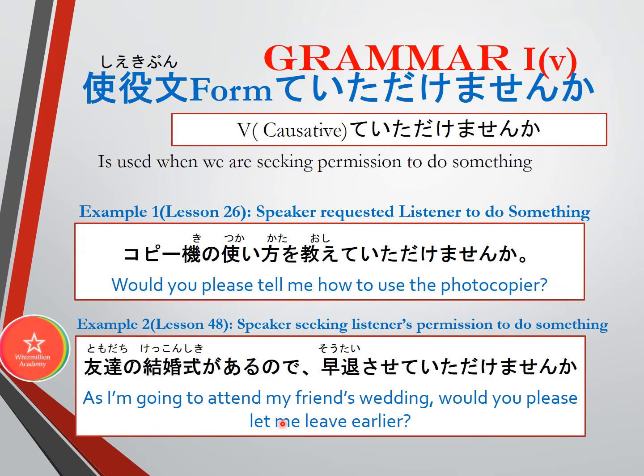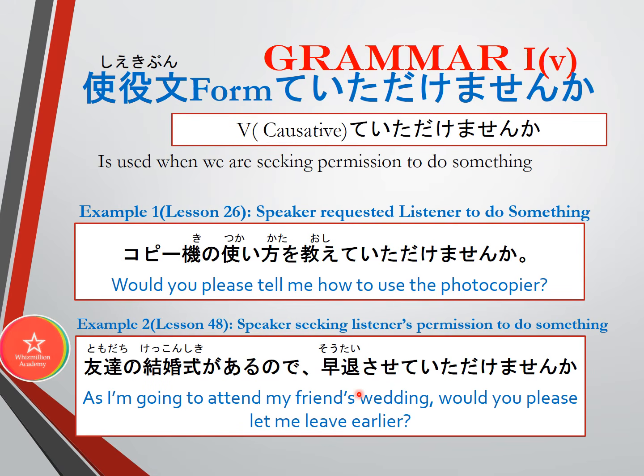Example 2. As I'm going to attend my friend's wedding, would you please let me leave earlier? 友達の結婚式があるので招待させていただけませんか? Over here the verb is 招待します, meaning leaving, and it is converted to the causative verb form 招待させます and combined with ていただけませんか, so it becomes 招待させていただけませんか?